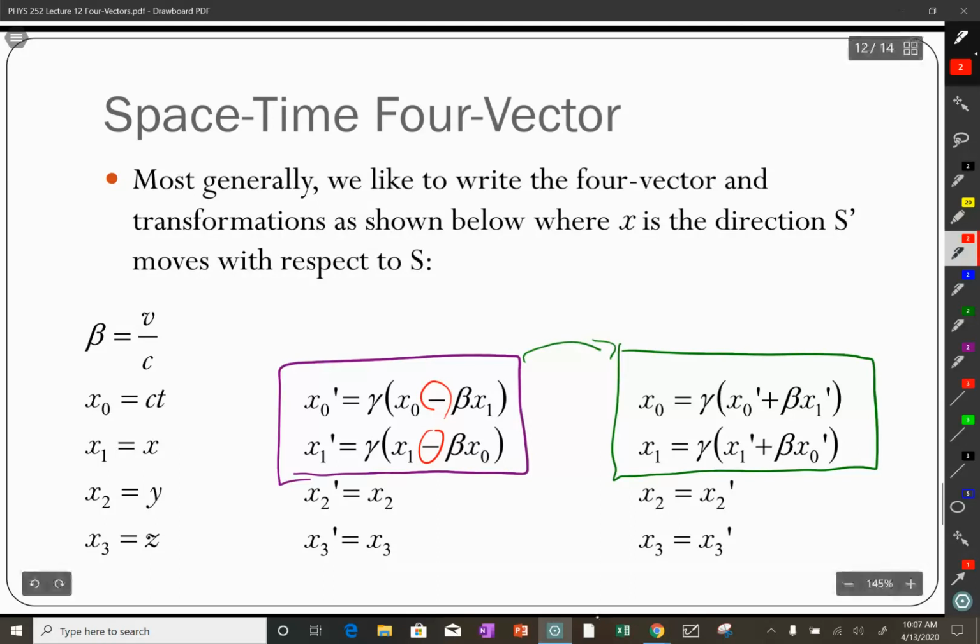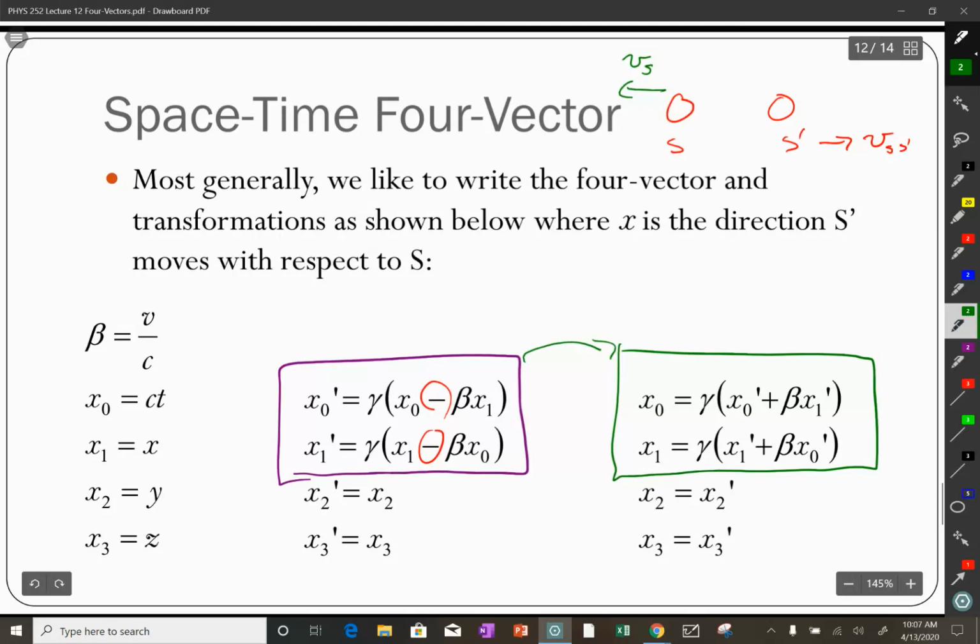That is, here's my S frame, and here's my S prime frame that's moving at speed v with respect to S. Then if I reverse my view, S prime sees S moving away.